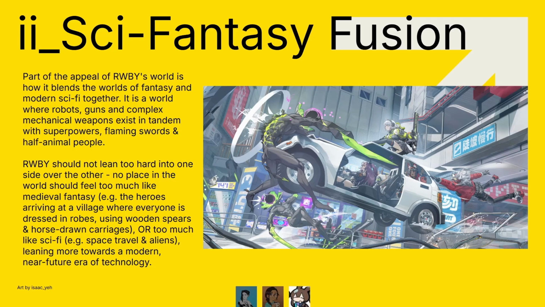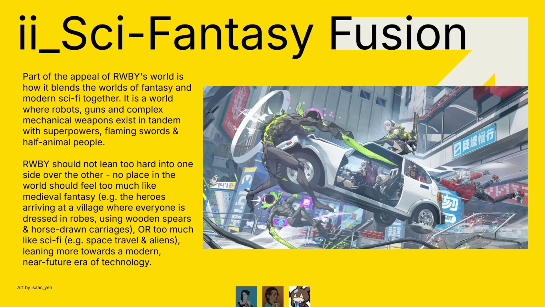Part of the appeal of RWBY's world is how it blends fantasy and modern sci-fi together. It's a world where robots, guns, and complex mechanical weapons exist in tandem with superpowers, semblances, flaming swords, elemental powers, and half-animal people. So I don't think RWBY should lean too hard into one side or the other.